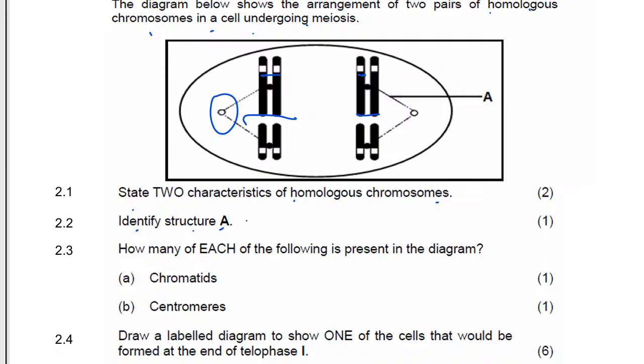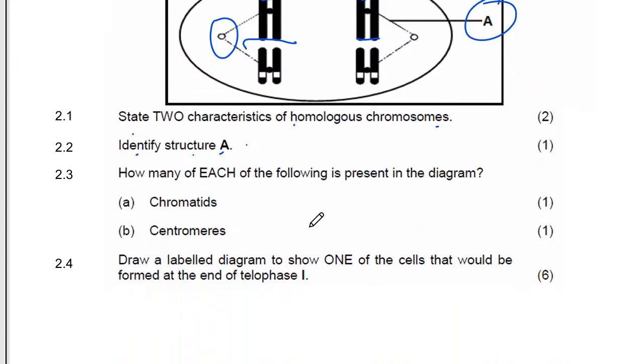So identify structure A. What is A? It's the spindle fibers. And they are saying, how many of each of the following is present in the diagram? That's where the problem starts from. Chromatids: how many chromatids?